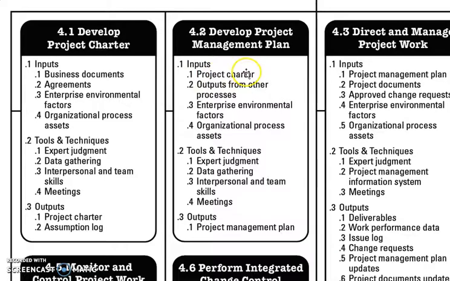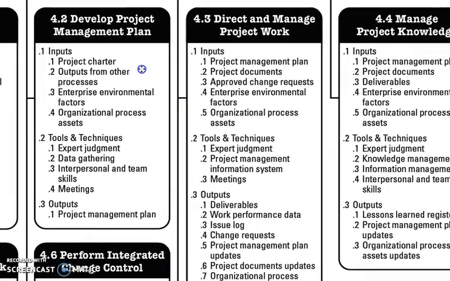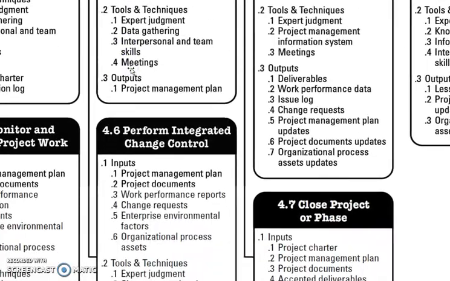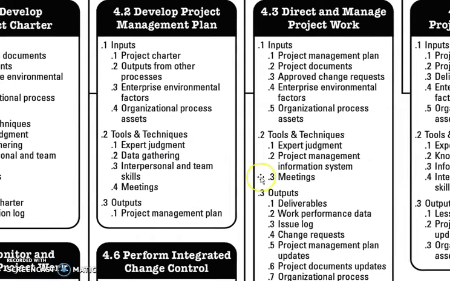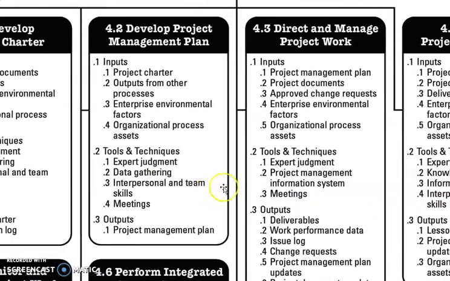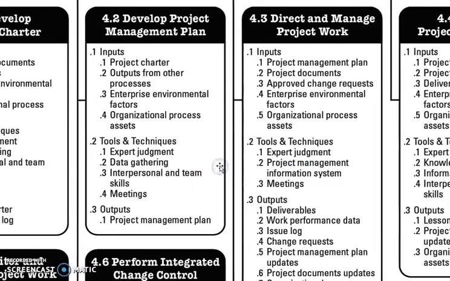Then the second one is develop project management plan. The third one is direct and manage project work. Develop project management plan comes under the planning process group, and direct and manage project work comes under execution.